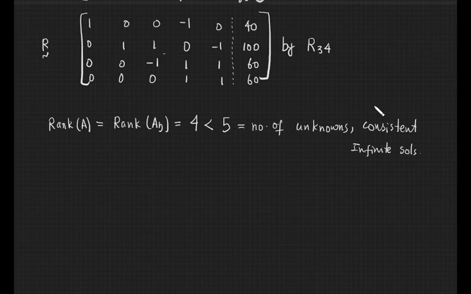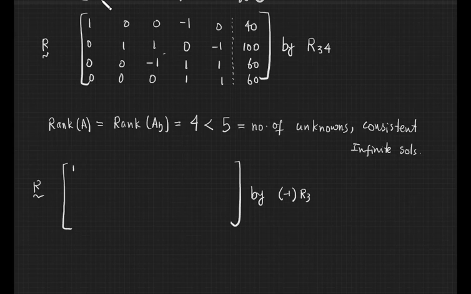Okay, now let's try to find those infinite solutions by working on this augmented matrix further. Let's try to convert this echelon form of the augmented matrix into the reduced echelon form. So first we need to make this minus 1 into plus 1 by applying the elementary row operation minus 1 multiplied by R3.